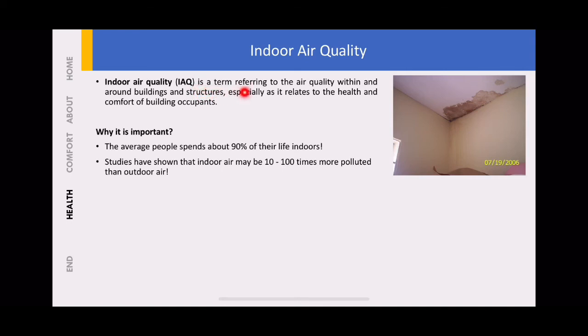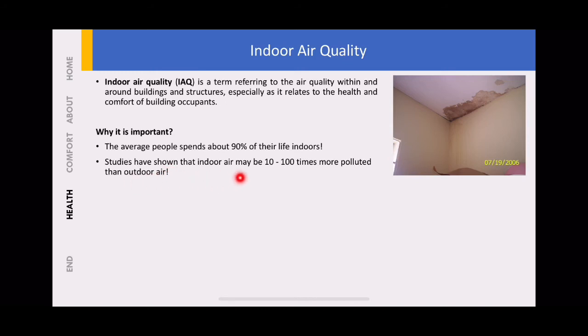It is a term referring to the air quality within and around buildings and structures, especially as it relates to the health and comfort of building occupants. It is important because the average person spends more than 80% or 90% of their life indoors, other than sleeping and living or doing exercise. Most of us stay indoors.